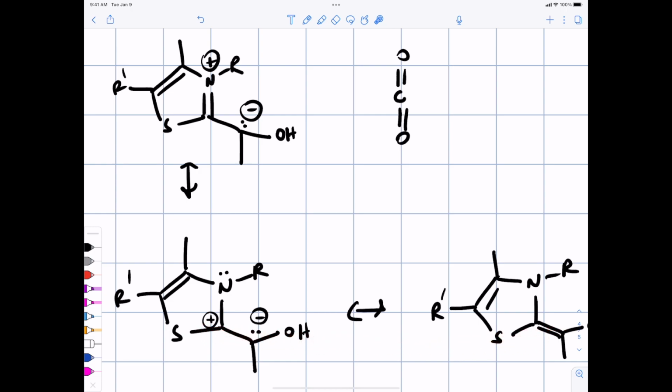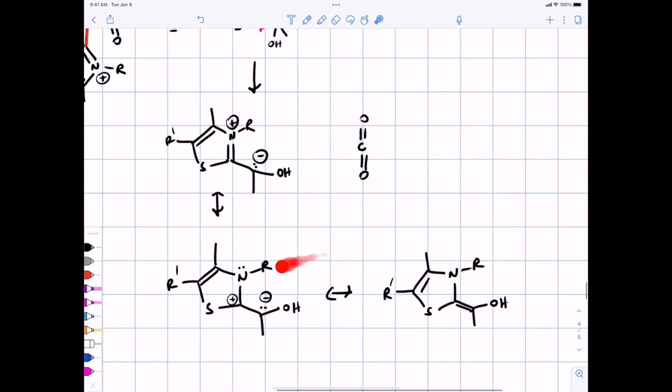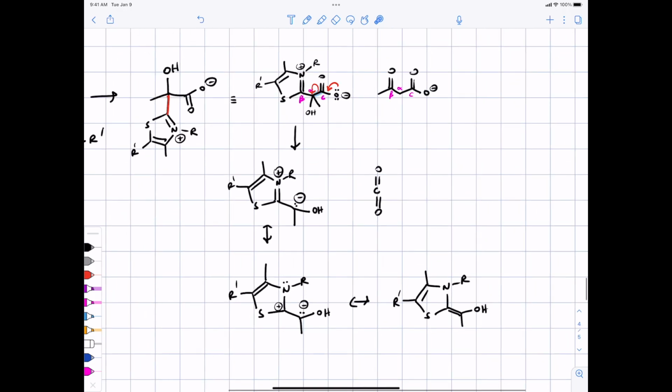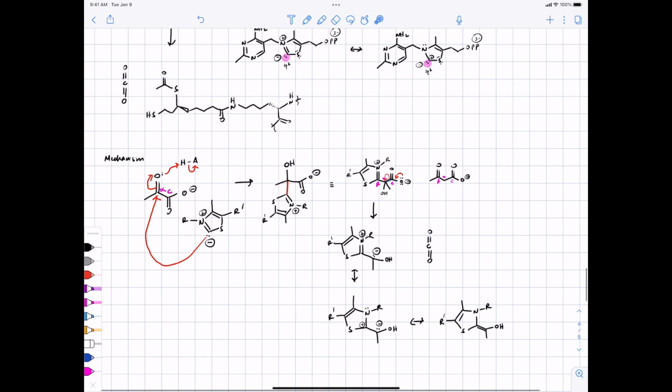Any of these, we've basically got something that was neutral. The thiamine acts as what we call an electron sink, or a place for the electrons to go. All right, anything you want to ask about that? That's the decarboxylation step. So check, we've got that guy gone.